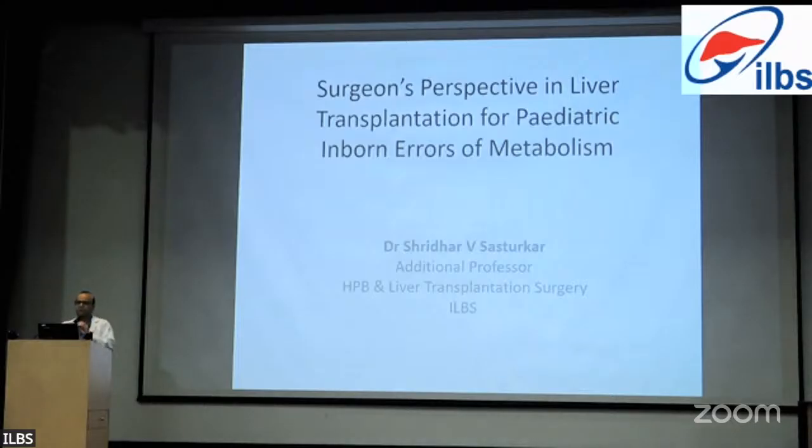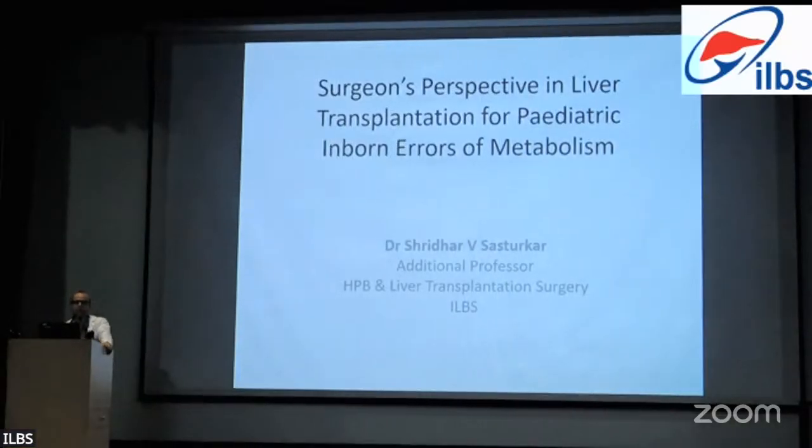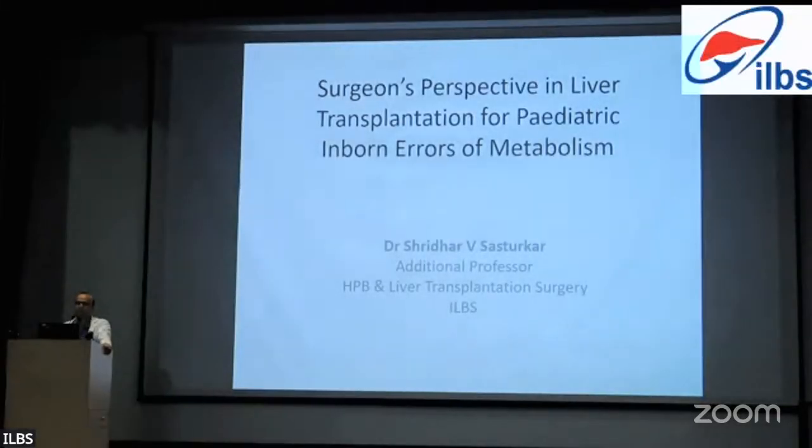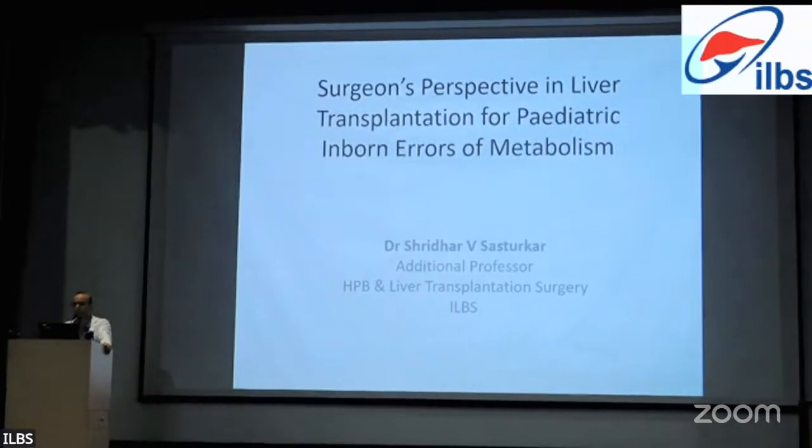Good morning, everybody. Today's topic is surgeon's perspective in liver transplantation for pediatric inborn errors of metabolism. The topic itself is a class for me to go through all these inborn errors of metabolism, but I will try to restrict it to the surgeon's perspective and a short visit to the different indications for liver transplantation in this group of patients.